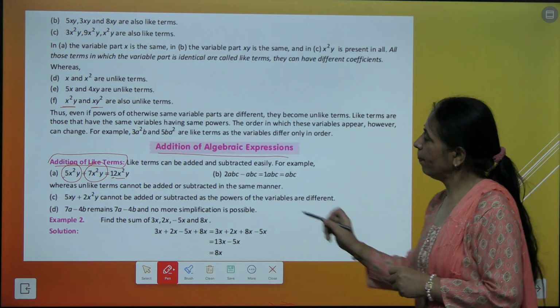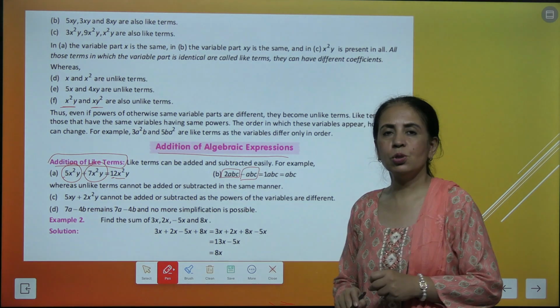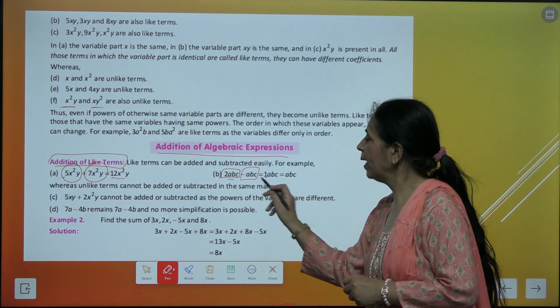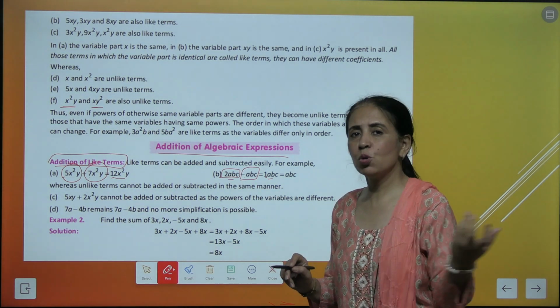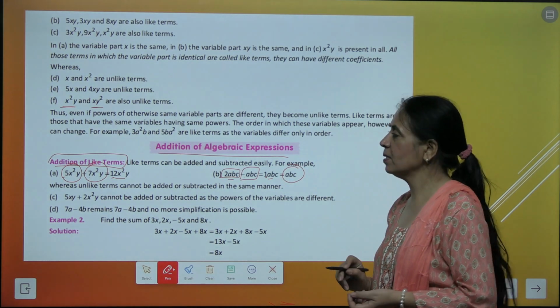Got it? Here 2abc minus abc. So your answer becomes 2 minus 1, that is 1, and abc we keep as it is. When the coefficient is 1 we can omit it, so your result is simply abc.